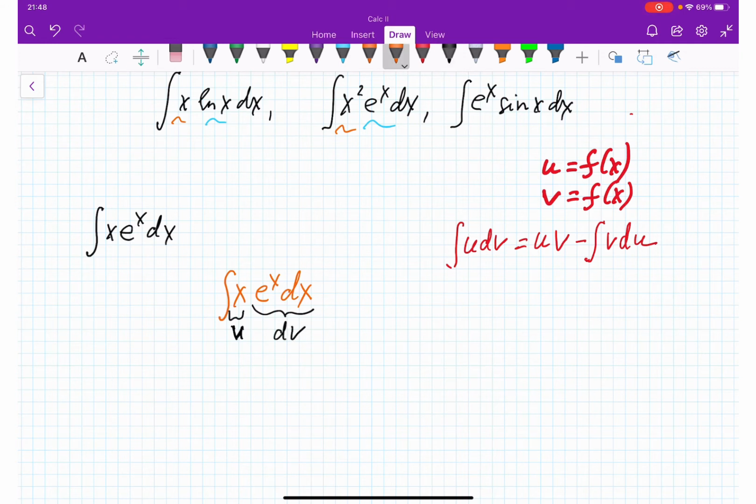The next version: e to the power x will act as my u, and x dx will be my dv.